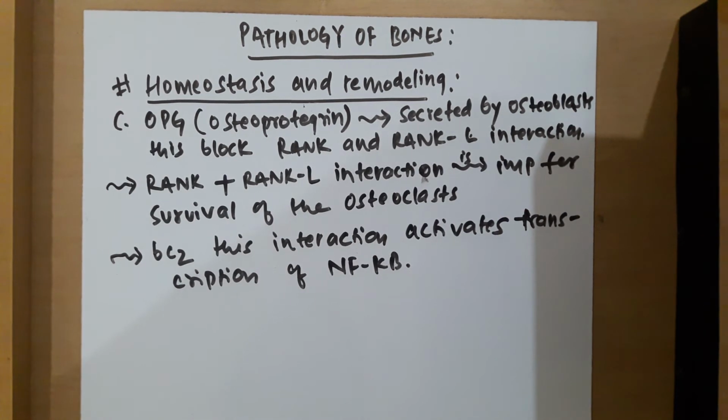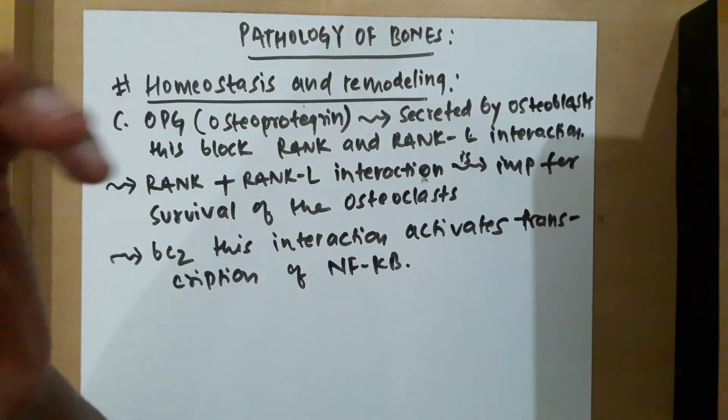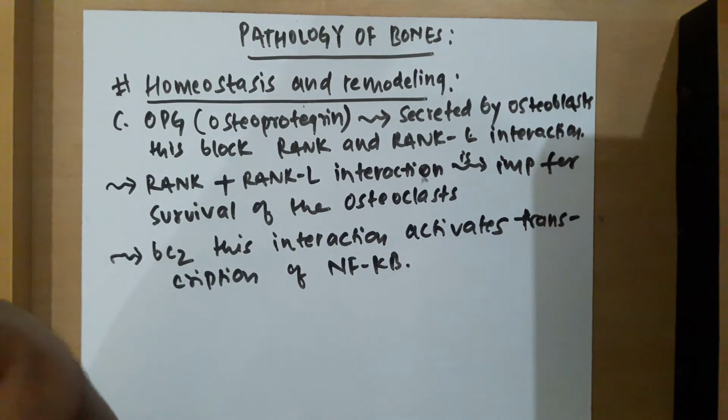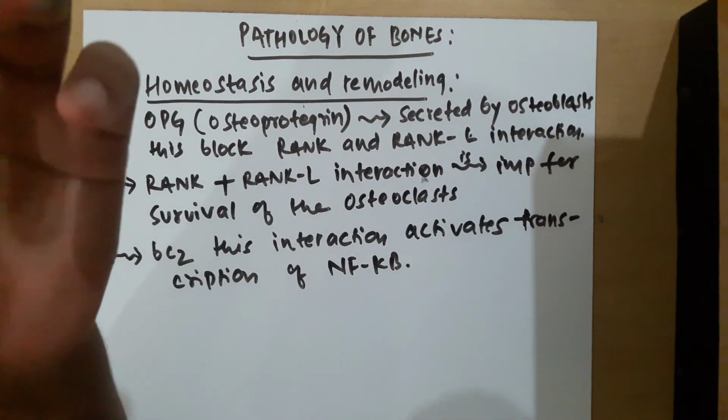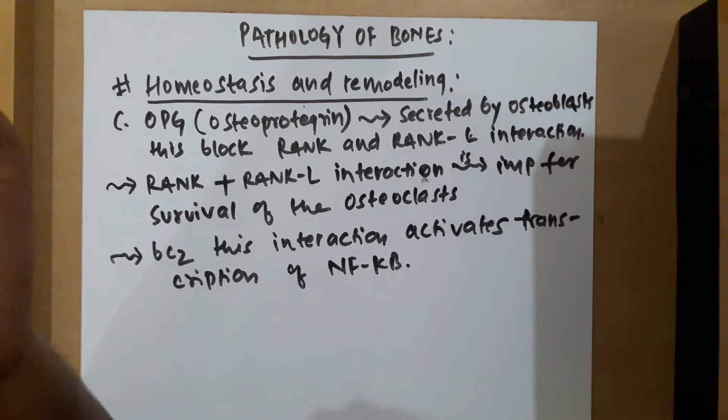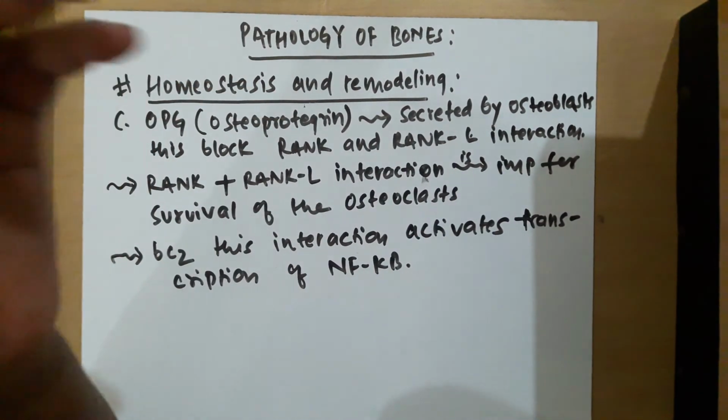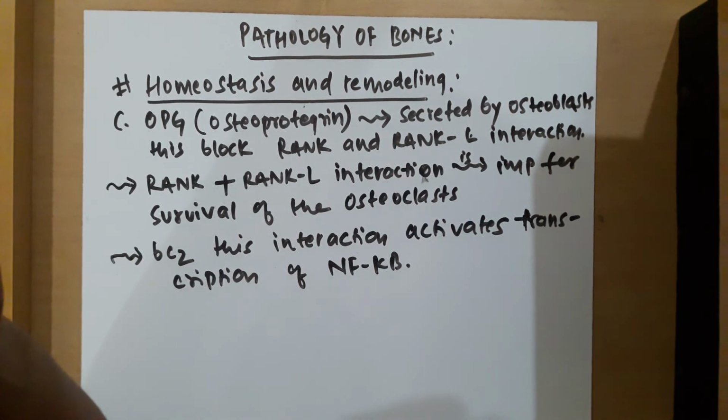These WNT proteins are secreted by various cells, and they bind to LRP5 and LRP6 receptors on osteoblasts and trigger the production of OPG, that is osteoprotegerin. These LRP5 and LRP6 receptors have great importance, as polymorphism in them determines the set level known as the peak bone mass.